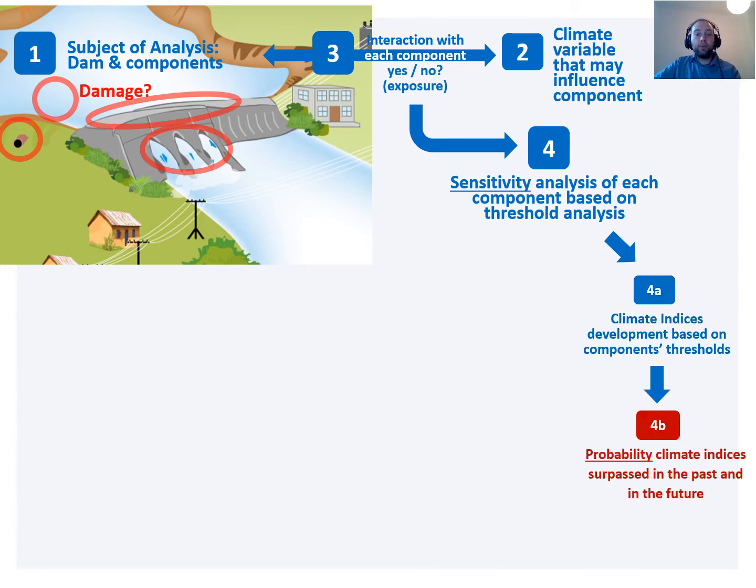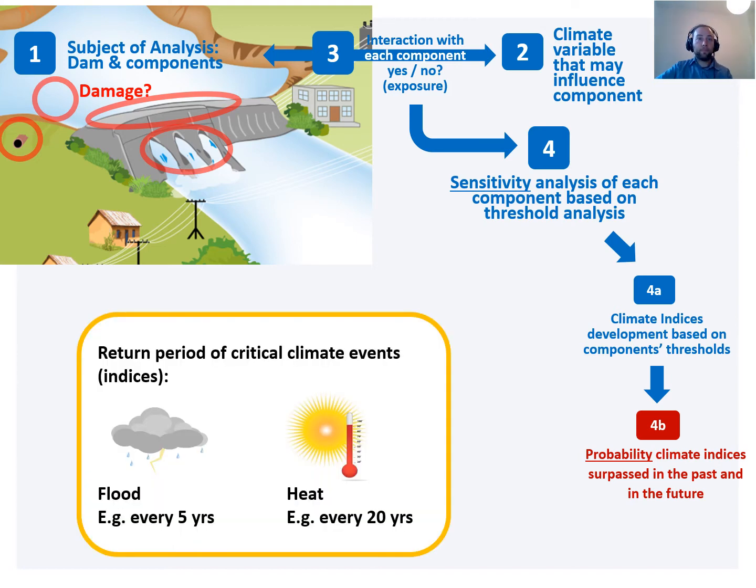And once we know which climate indices are critical, we need to analyze existing climate data and assess existing climate services in order to understand if climate indices are likely, unlikely, or maybe even highly likely to be passed in the medium or long-term future. And for this, we have to look into the so-called return period of critical climate events.